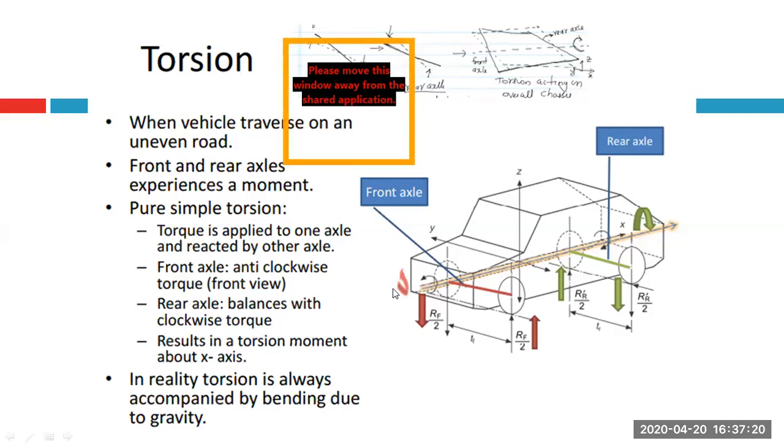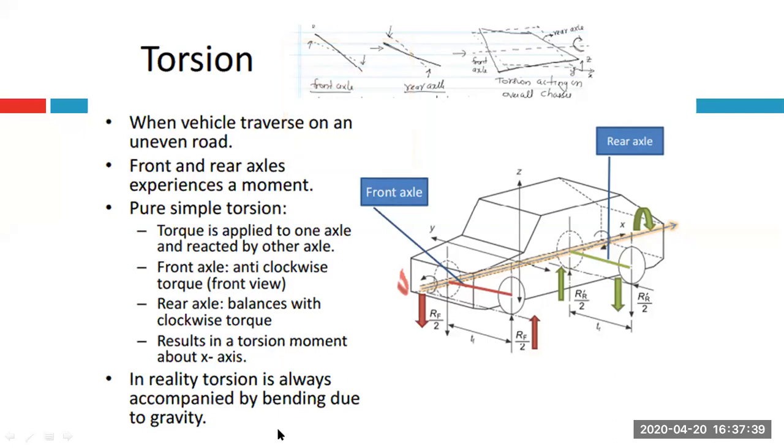And the rear axle is going to balance this torque with a clockwise torque. The result in this particular case is that the torsion moment is going to be about the x-axis.